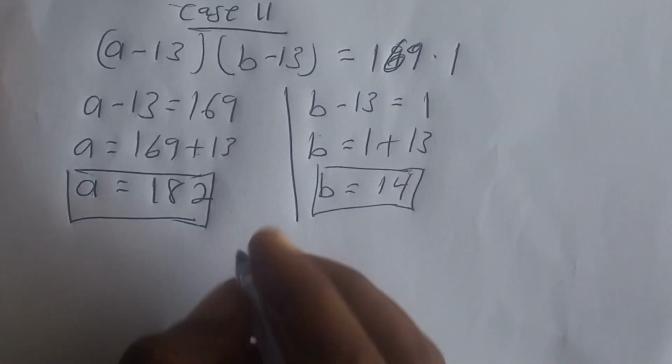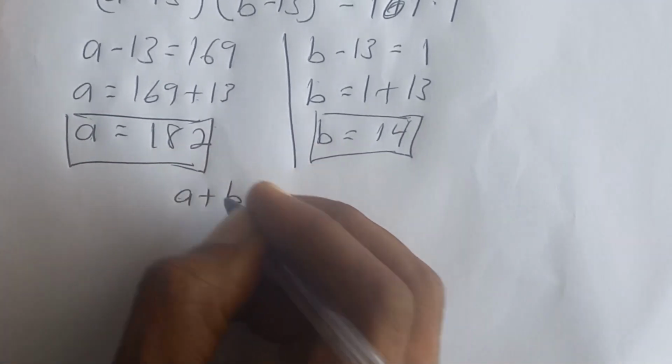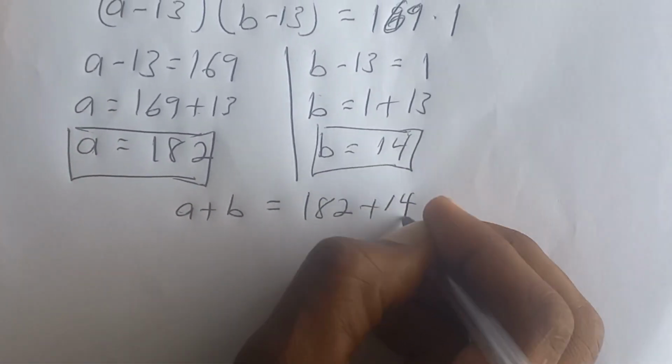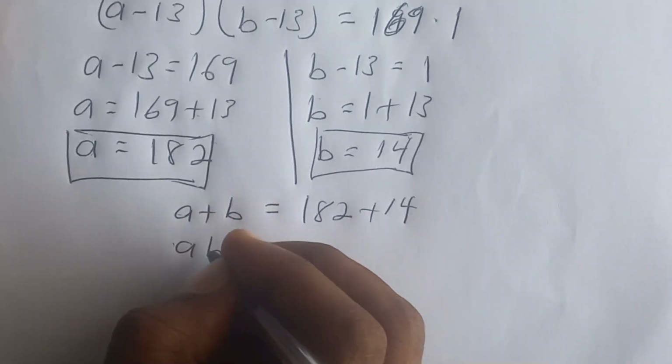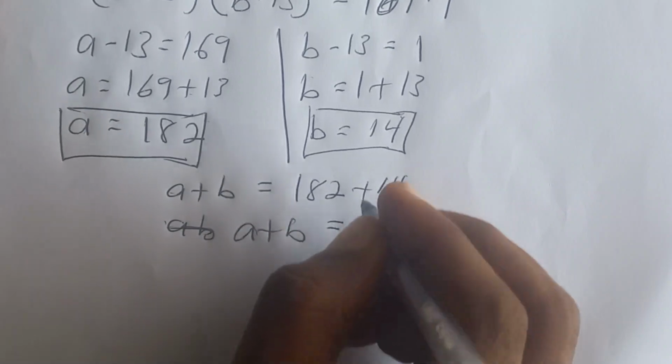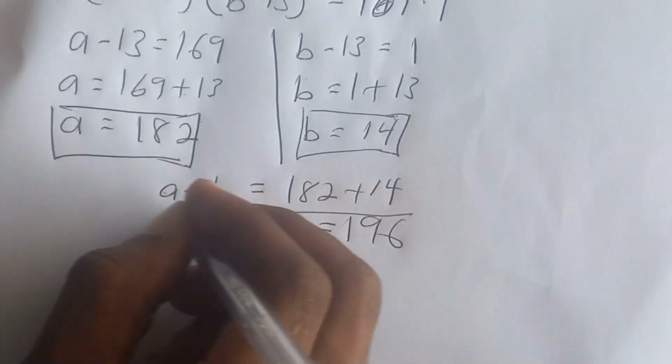So our A plus B is equal to 182 plus 14, which is 196.